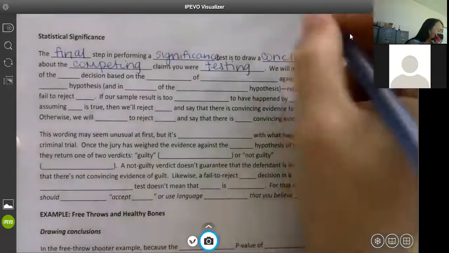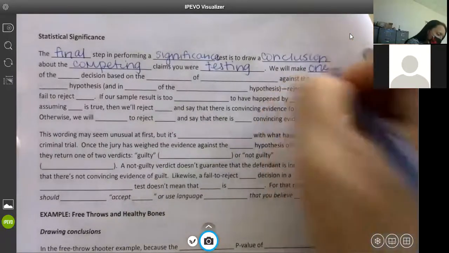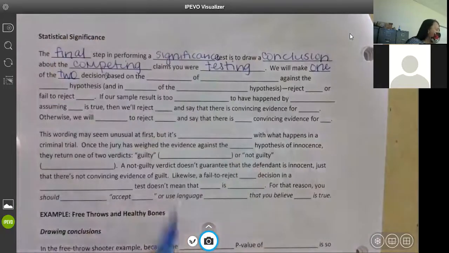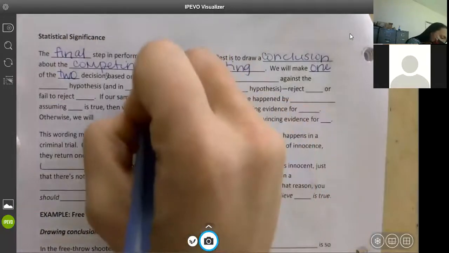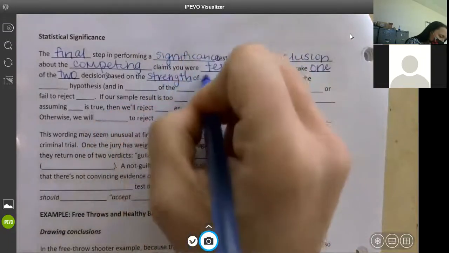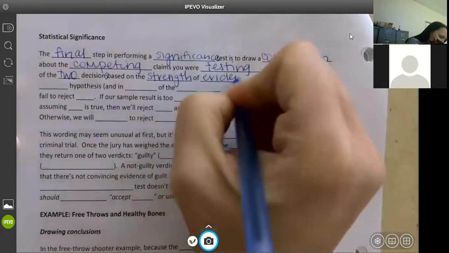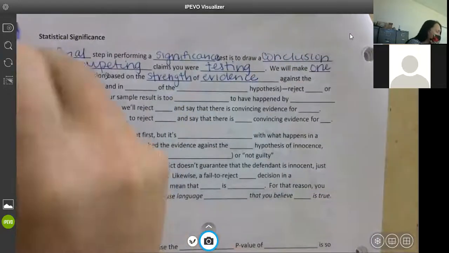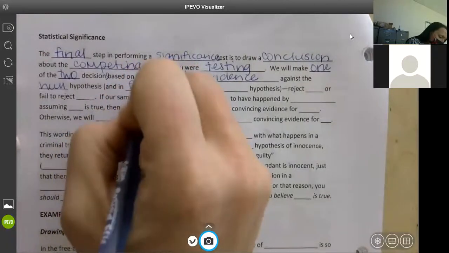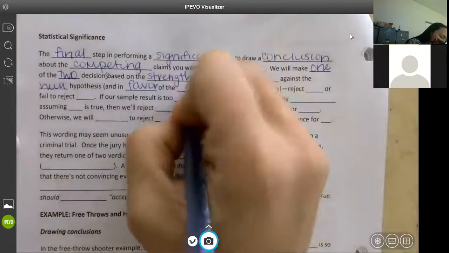We will make one of two, should say decisions, based on the strength of evidence against the null hypothesis and in favor of the alternative.